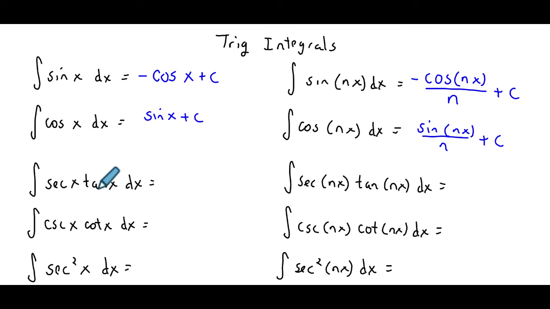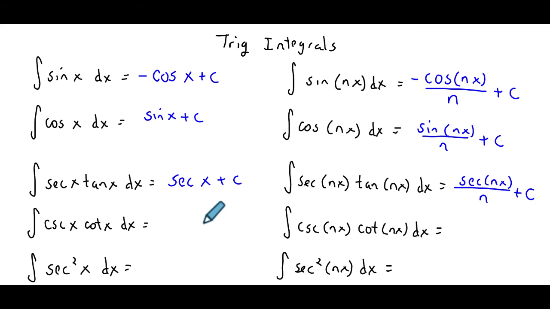Secant x tangent x, well, we know that the derivative of secant x is secant x tangent x, so the integral of secant x tangent x is secant x. And then the same thing happens here, so that's going to be secant of nx divided by n plus c.